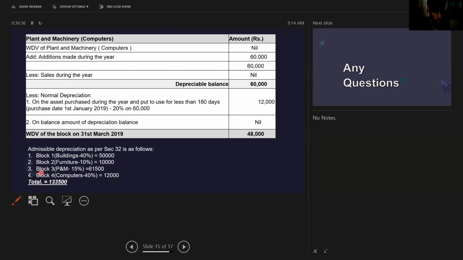So there are four blocks. These are called the blocks of assets, and each has a separate rate of depreciation. And the total of all will come up to 1,33,500. So this is how we calculate the depreciation under section 32 for normal depreciation.